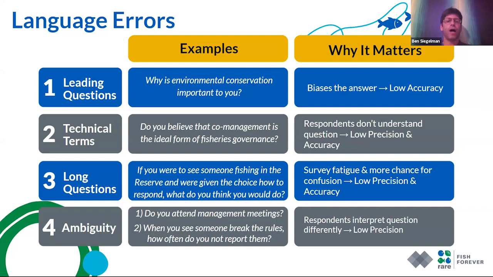How often do you not report people for breaking the rules? That's a weird way to say that, and people are likely to get confused, and they might answer the opposite of how often you do report, and then your accuracy and precision is shot. So just say it in the most simple way and the clear way.